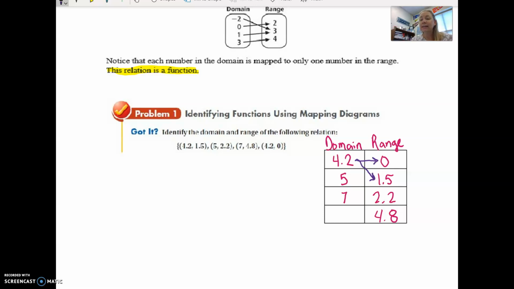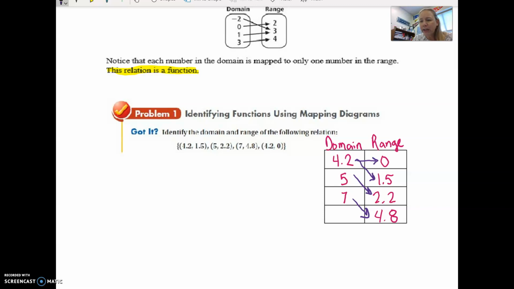In this case, I have to say no. For every one domain, there's actually two ranges. So that creates that vertical relationship on the graph, which we can't have if it's a function. So I can still continue this. 5 is going to match up with 2.2, and 7 is going to match up with the 4.8.